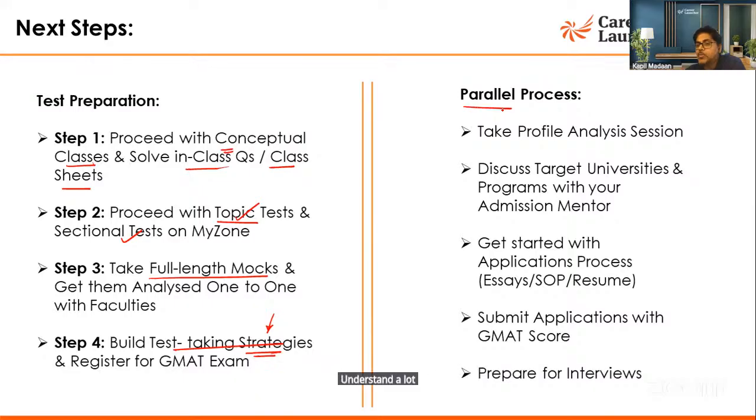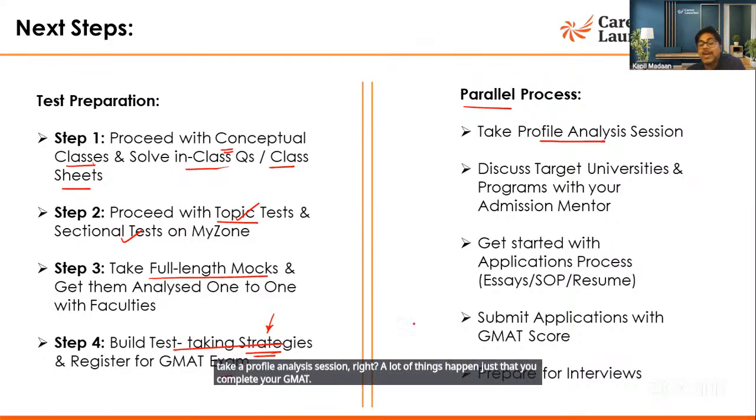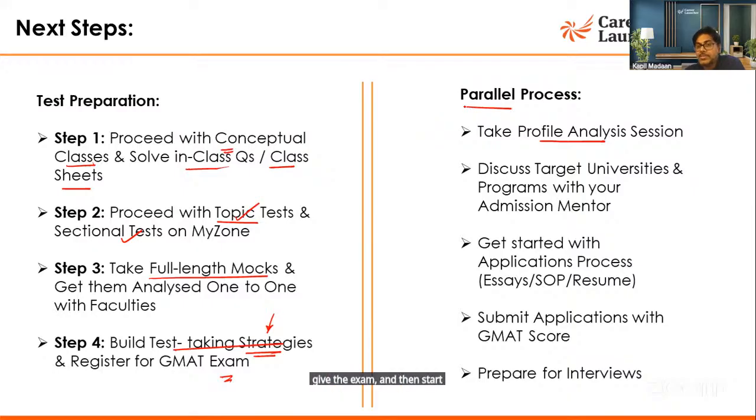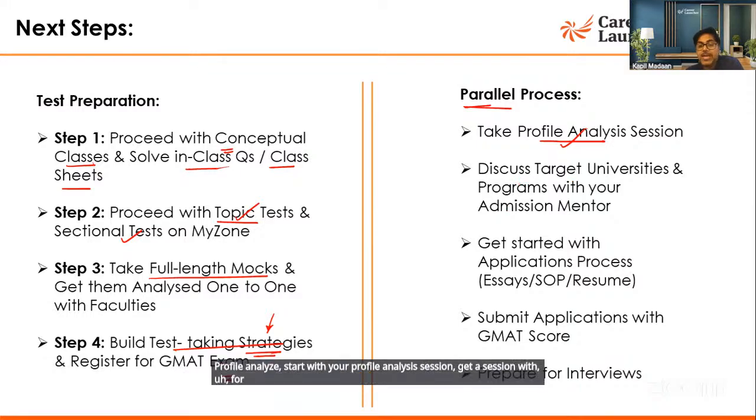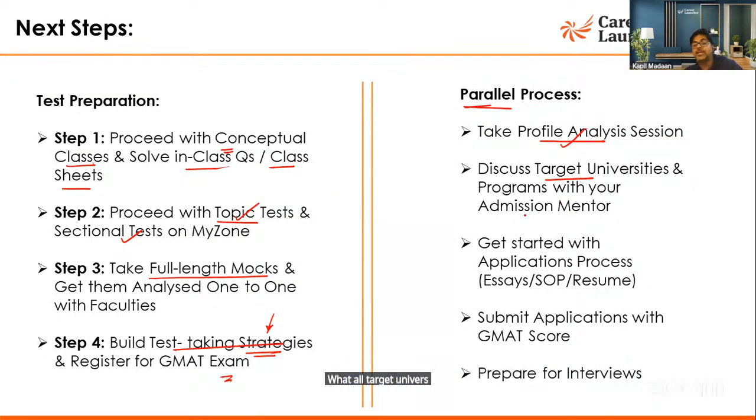Parallelly, you should take a profile analysis session, right? A lot of times what happens is that you complete your GMAT, give the exam, and then start. It should not be that, start parallelly. Start with your profile analysis session, get a session for the specific area which you are targeting, what all target universities you have in mind, with your admission mentor. The application process takes a lot of time.